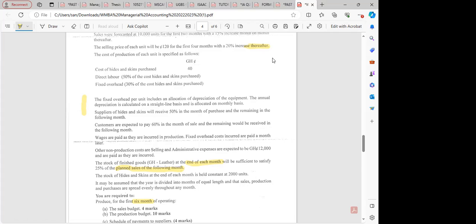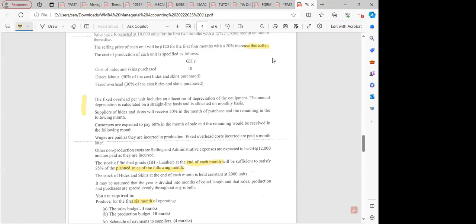Maybe at another time, we can look at a budget that has a raw material budget. It's not difficult at all. It is prepared just like how we prepare the production budget, but there will be just 2 line items that you have to add up to get the raw material budget. It's simple, but I don't want to bring it here.